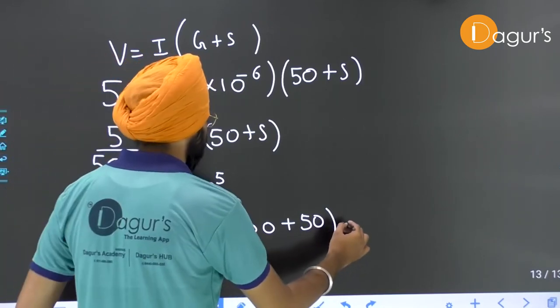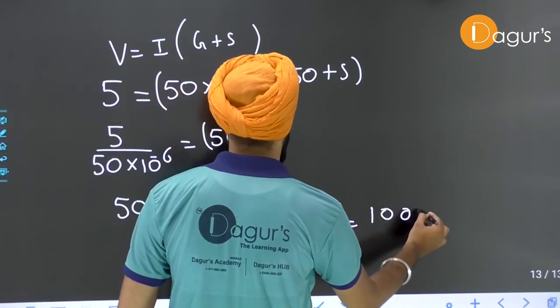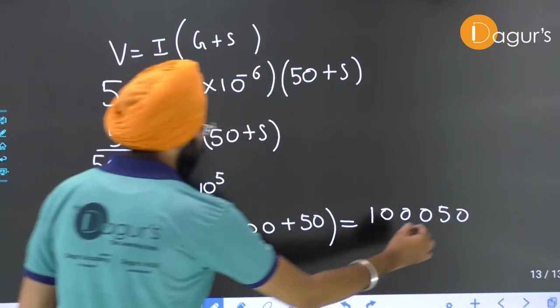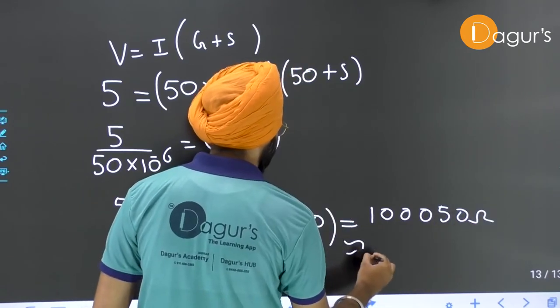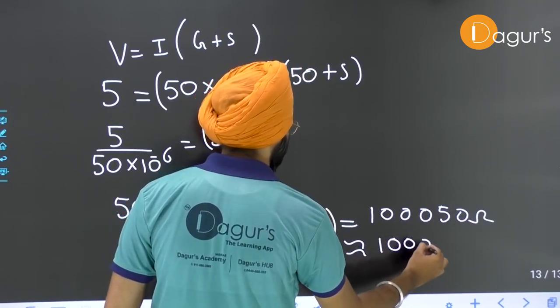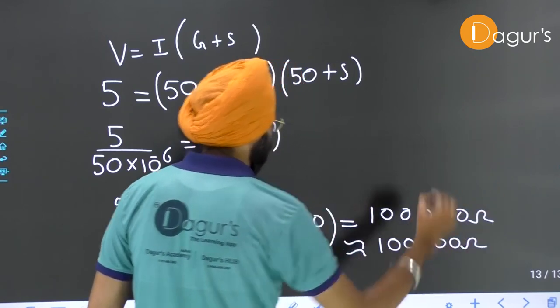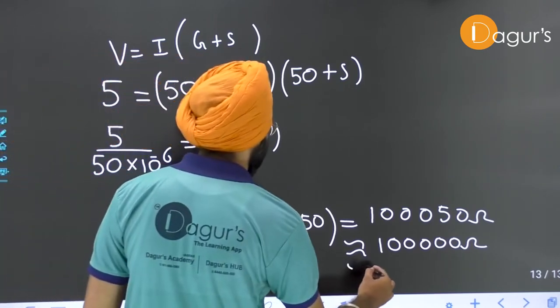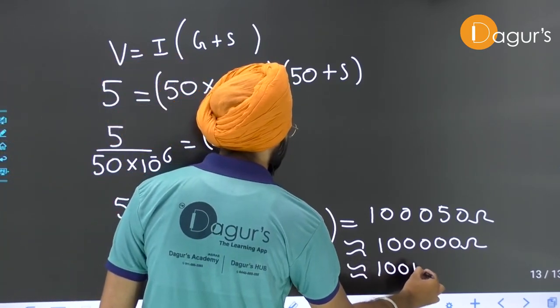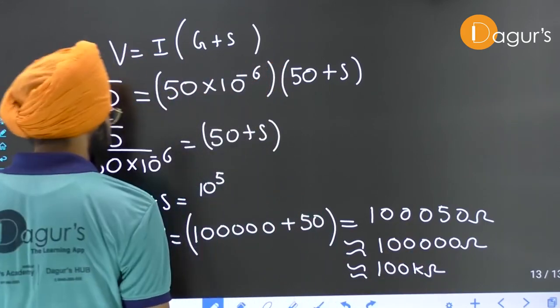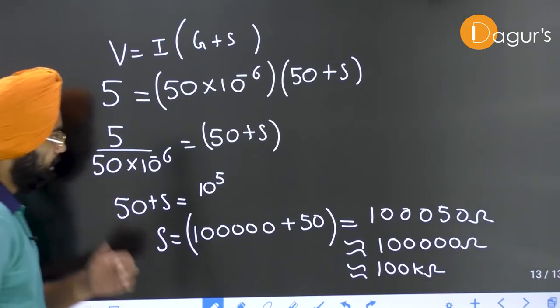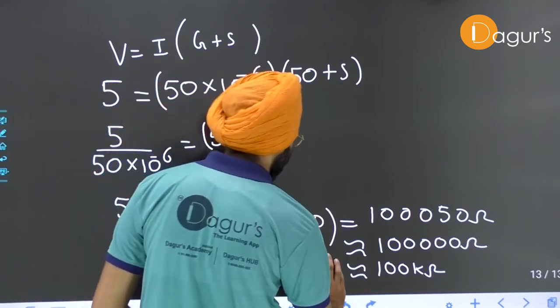You can give this answer in this way also, and you can approximately write this as 100 kilo ohm. So the shunt resistor, or you can just write this in this way only, approximately.